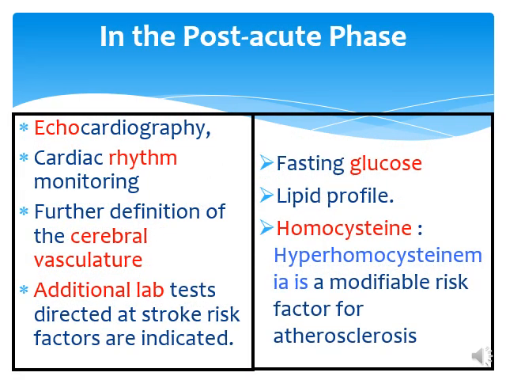After this acute phase has passed, you can do more investigations to know the cause of the stroke: echocardiography, cardiac rhythm monitoring, further definition of cerebral vasculature if you didn't do the angiography, and additional lab tests to know the risk factors like fasting glucose, lipid profile, homocysteine.